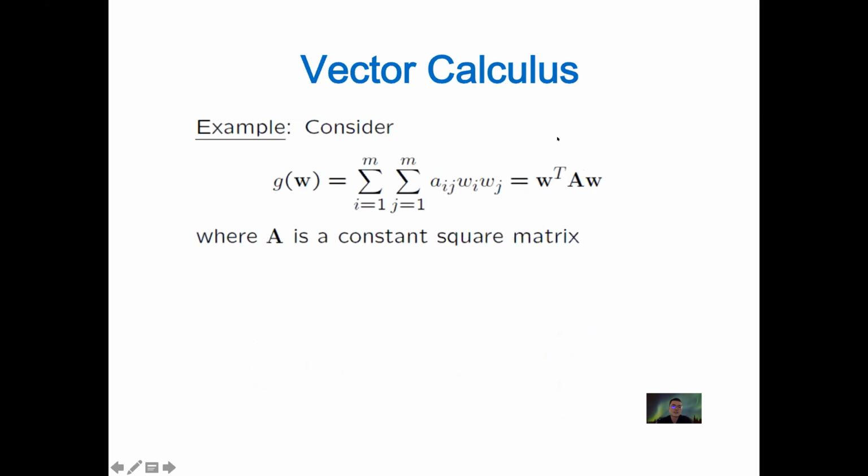Now let's consider another function, called a quadratic function or quadratic form. What we have is W transpose A W, where W is the input. I believe a lot of people feel crazy already, because I see another student left.